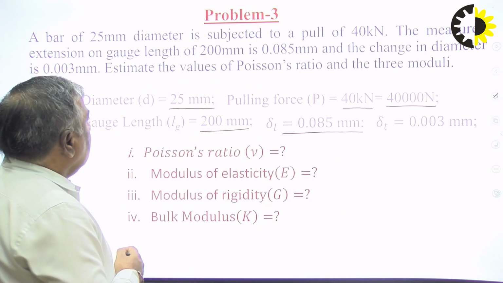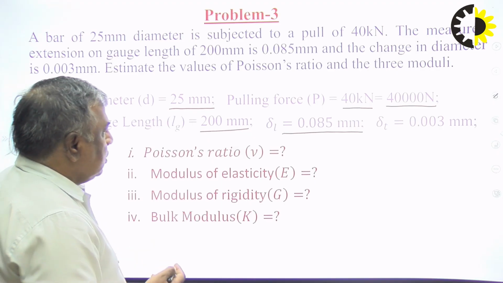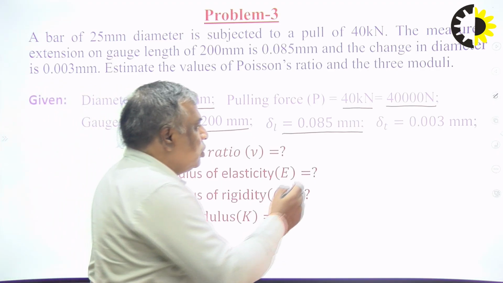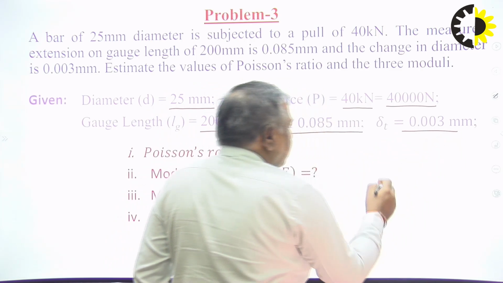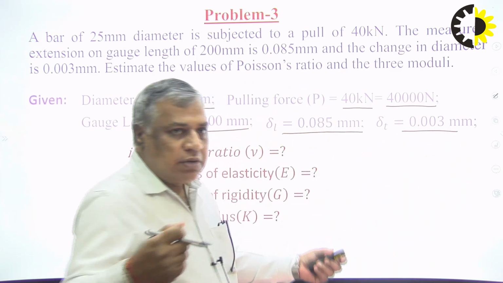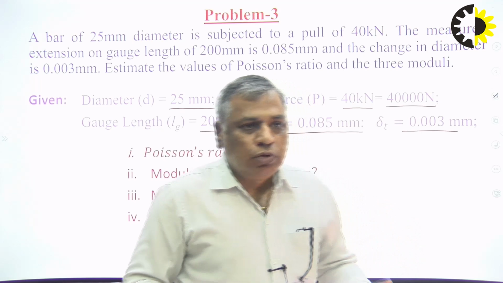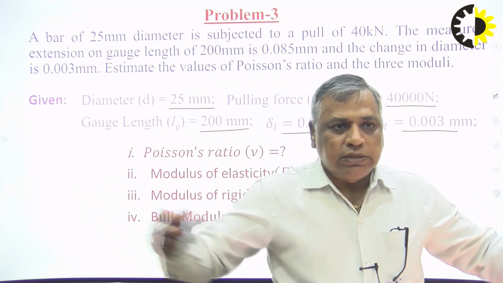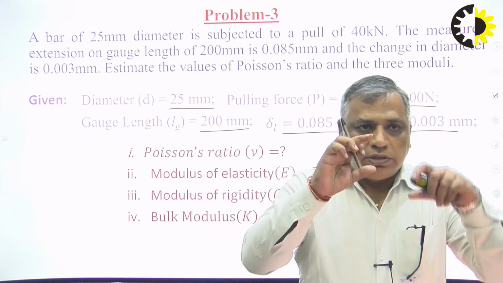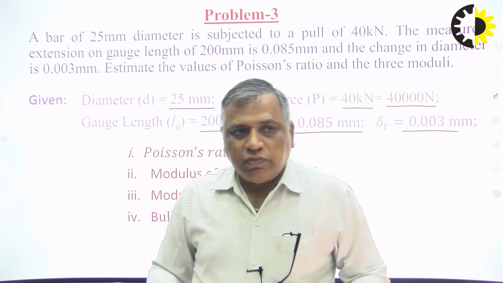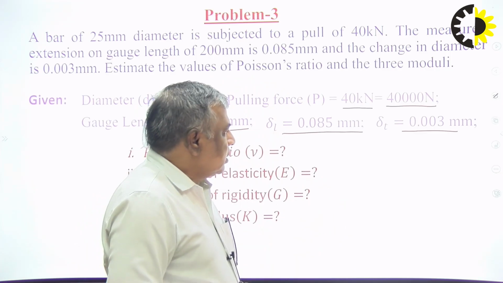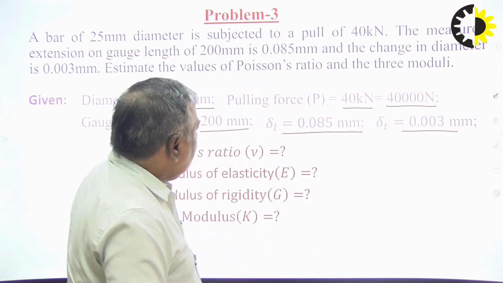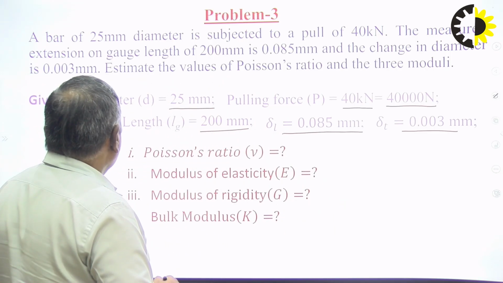And the change in diameter is 0.03 mm. Whenever you increase the length, the volume of the material remains the same, so the diameter or lateral dimension will decrease and the area will decrease. So here is a decrement in the diameter, that is 0.03 mm.